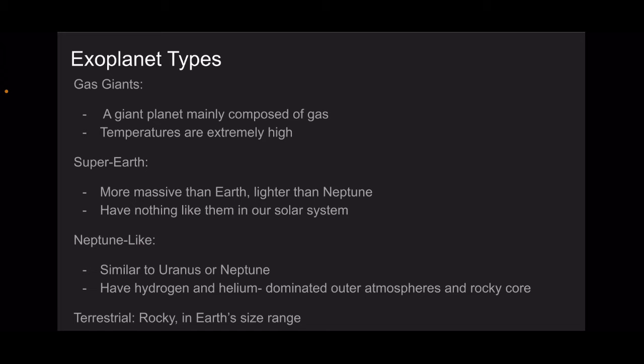Neptune-like has similarities to Uranus or Neptune, with hydrogen and helium dominated outer atmospheres and a rocky core. And overall, a terrestrial is just rocky and in the same size range as Earth.